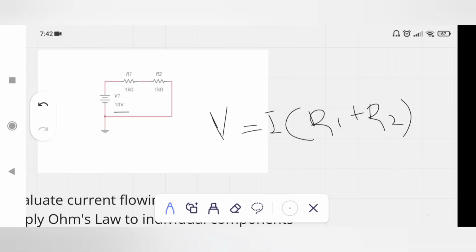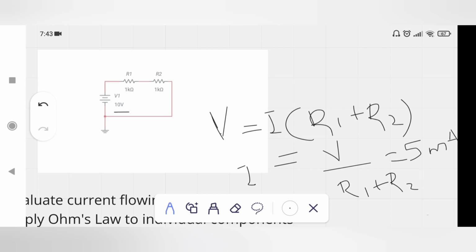Now, as you know, V is equal to I (R1 plus R2). You should keep in mind the current remains the same in a series circuit. So the current flowing through R1 is equal to the current flowing through R2, and it is 5 milliampere here.